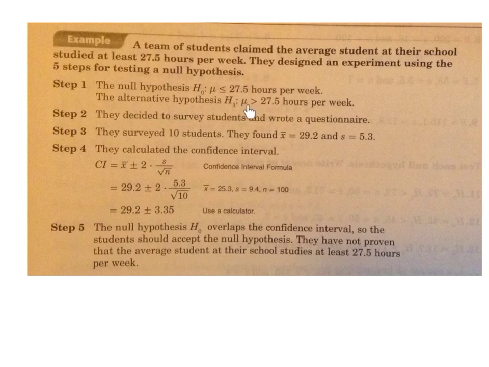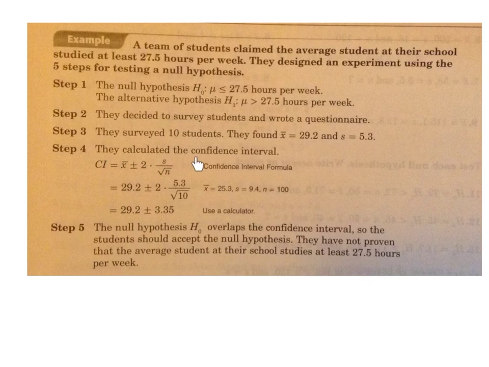So we test to see if it's greater than 27.5 hours per week. And they decide to write a questionnaire, a survey that they give out to the students. And they tested 10 students. And they found X bar, the sample, had a mean of 29.2 and a standard deviation of 5.3.